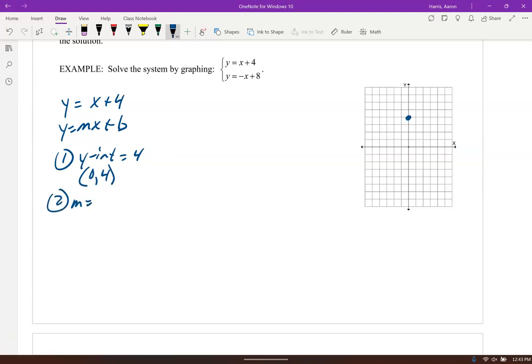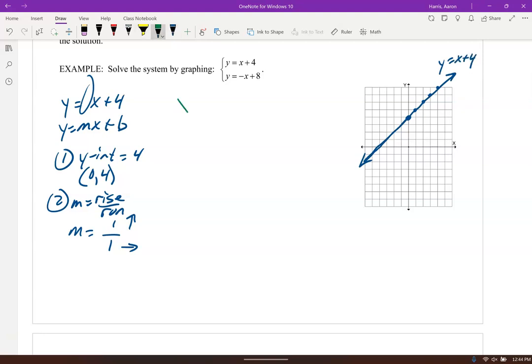Number two, what's my slope? Slope is rise over run. My slope is 1, the number in front of x. So I go up 1, right 1, up 1, right 1, and so on. And I graph it. There's y equals x plus 4.